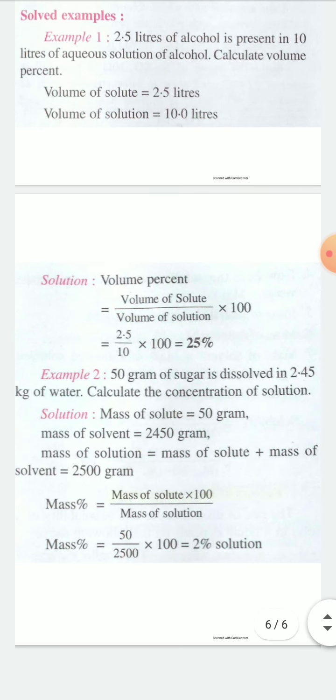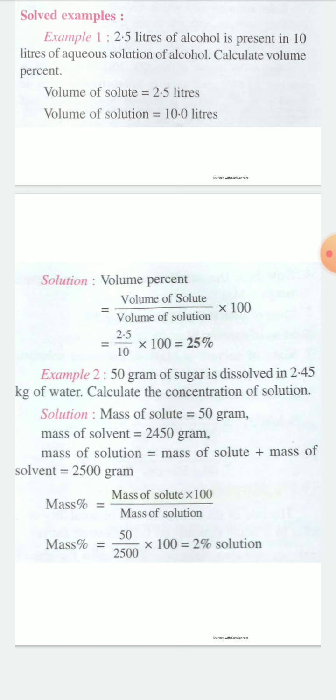See example 2. 50 gram of sugar is dissolved in 2.45 kg of water. Here the mass of sugar is given in gram and the mass of solvent is given in kg, so you have to convert kg into gram.